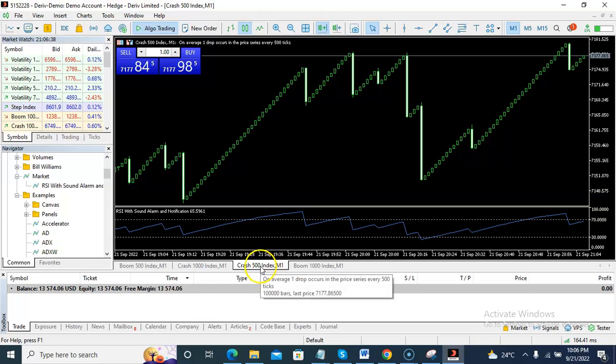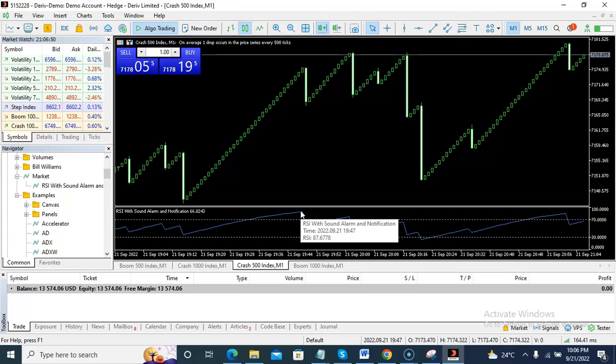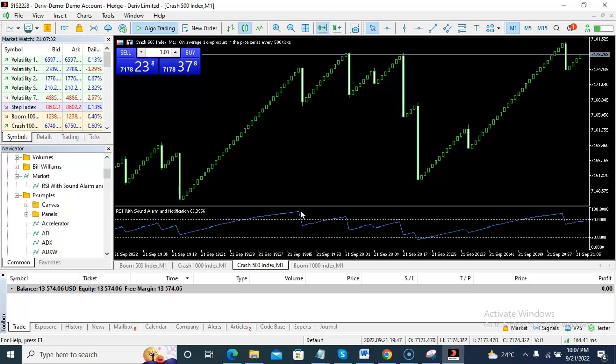If it's at 90 and above in the overbought region on the Crash 500 or 1000, it means it is very likely that a spike will occur within the next few minutes, a maximum of between 5 to 10 candles. That is what we have been able to research over a very long period of backtesting, and there is a very high probability that the spike will occur within 5 to 10 candles, which is 5 to 10 minutes on the 1 minute time frame.